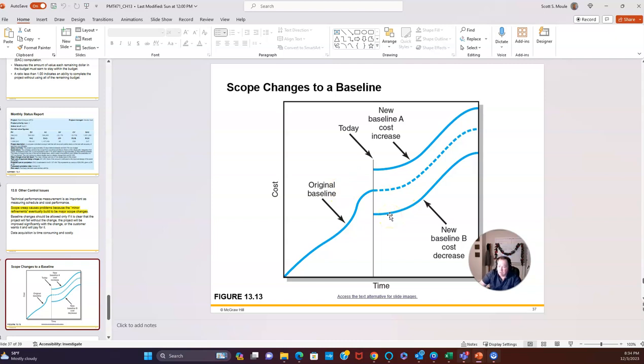So part of a project manager and a leader's role is to maintain how the project's progressing, but also to address changes and rebaselining. So hopefully you can start thinking, oh my gosh, what if I'm constantly getting changes to my project?